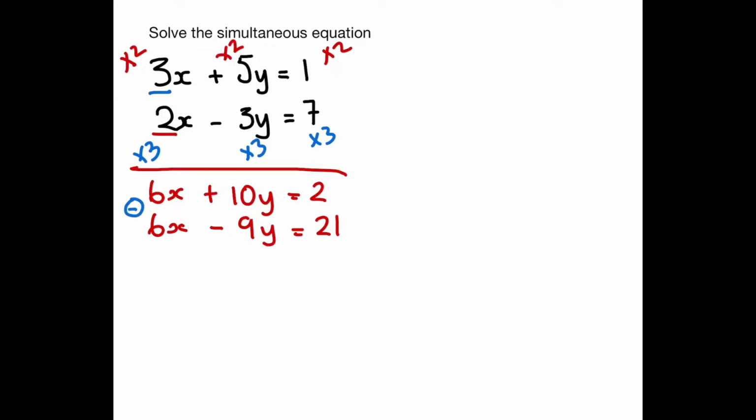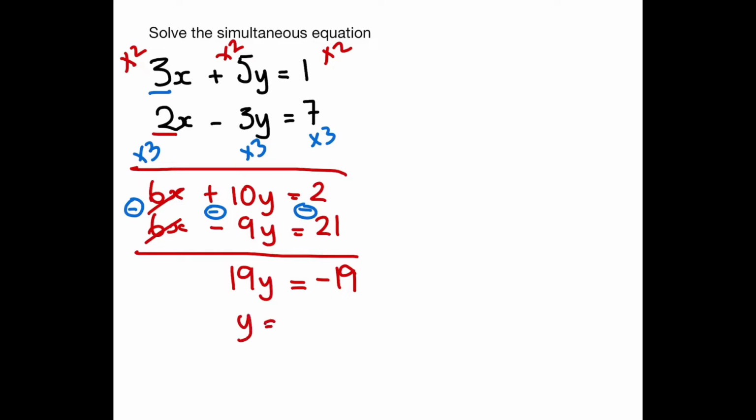So 6x minus 6x would eliminate. And we minus here and we minus here. So this cancels out, 10y minus 9y. When two minuses are together, they become a positive. So we have 19y is equal to 2 minus 21, which gives us minus 19.